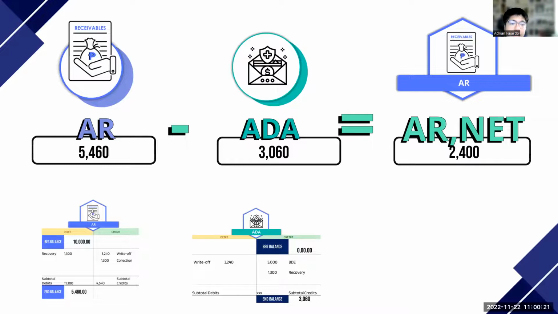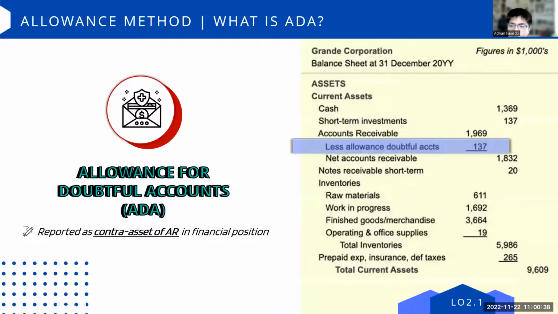So my AR net, or yung lalabas sa financial statements ko, would be 2,400. Na ang format is accounts receivable 5,460 less ADA of 3,060 equals AR net at NRV of 2,400. So that's the reason why in the financial statement, AR will have a less allowance for doubtful accounts. Right? So it's a contra asset.